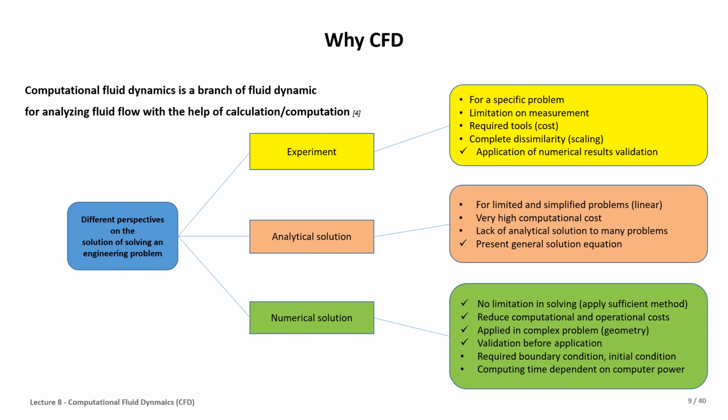The experiment is possible for a specific problem, but we have limitations on the measurement. We require tools to solve the problem, and we are dealing with dissimilarity in the scaling. However, the results from an experiment at a different scale can be used to validate the results from the CFD.